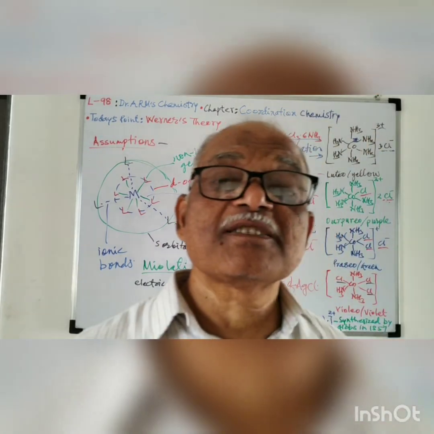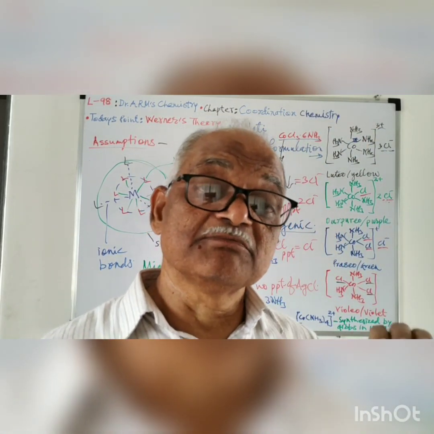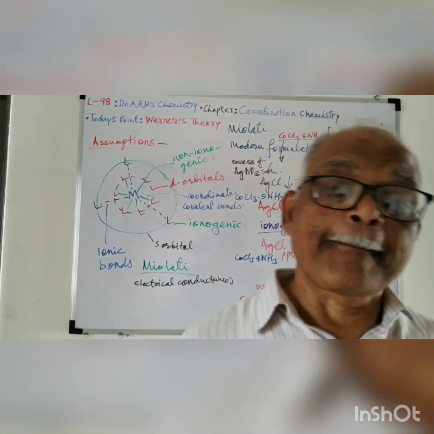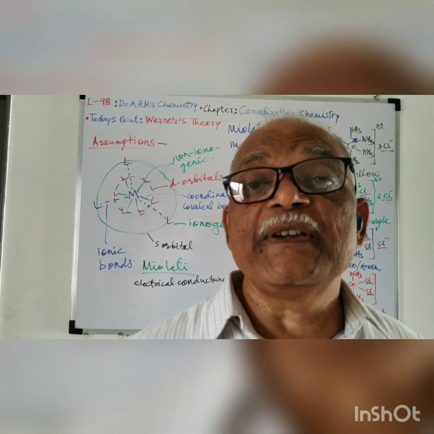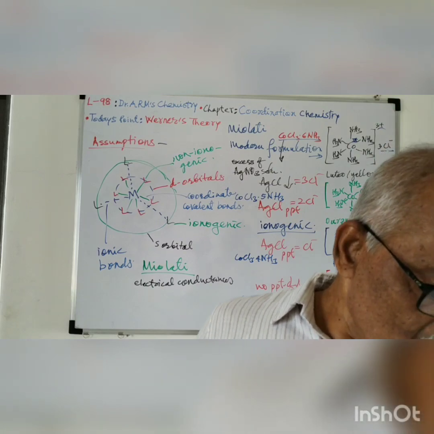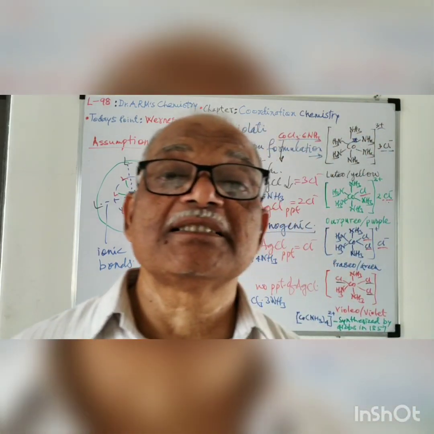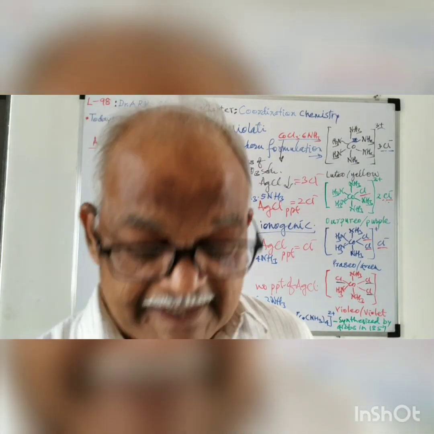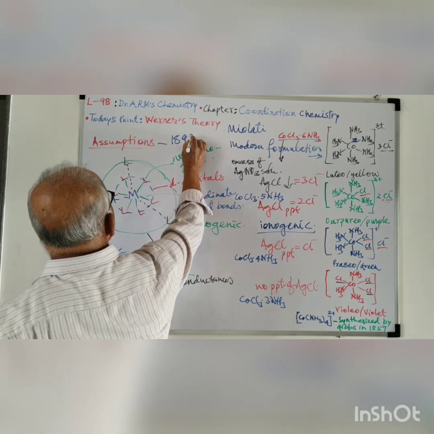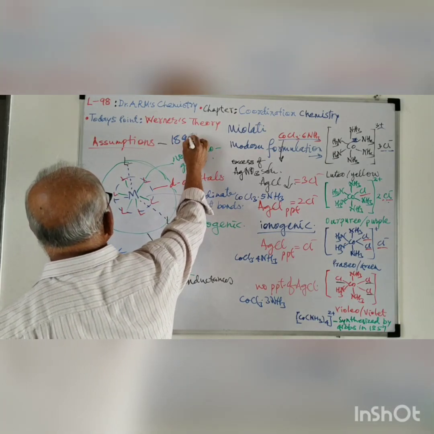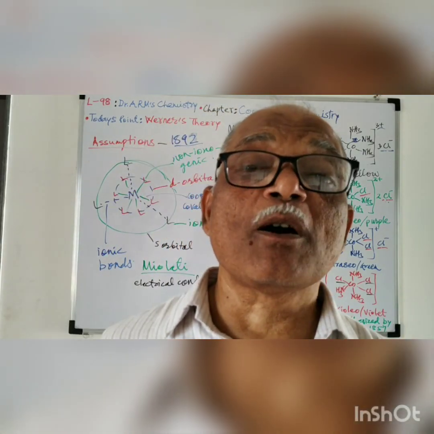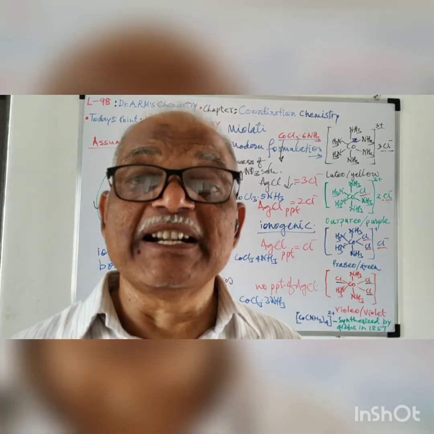Later on, it was found that the things included in Werner's theory were difficult to interpret, because at the time of Werner, that is before 1893 or we can say 92, there was no availability of modern instrumentation.